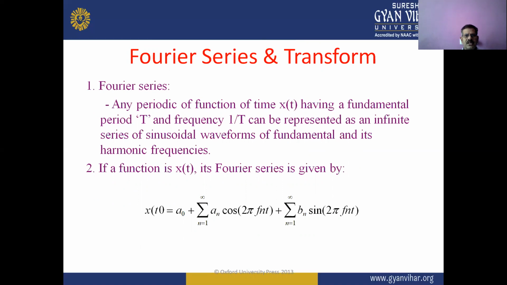Next, Fourier series and transform. So what is the Fourier series? Any periodic function of time x(t) having a fundamental period capital T and frequency 1 upon T can be represented as an infinite series of sinusoidal waveforms of the fundamental and its harmonic frequencies.